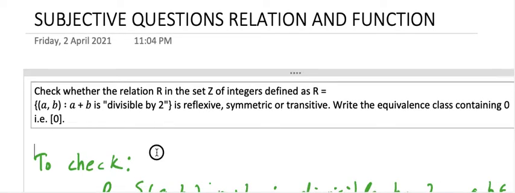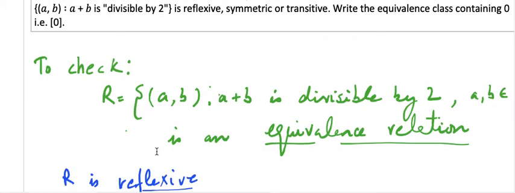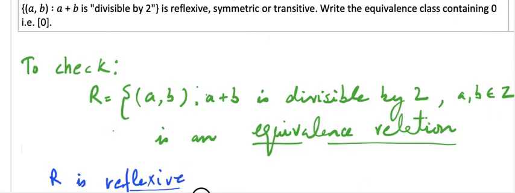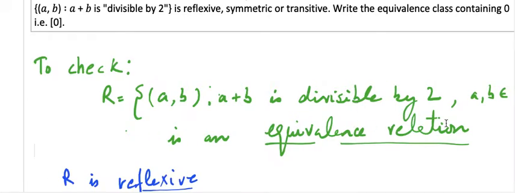Now we will write: to check whether R, the ordered pairs (a, b), a plus b is divisible by 2, is an equivalence relation. The first step is we will check R is reflexive. And when is any relation reflexive?